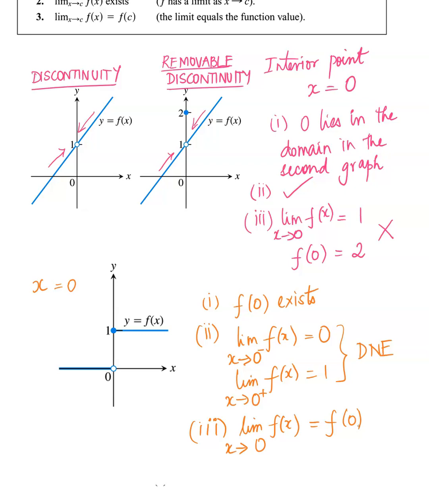Now f of 0 would be the 1 because that is what we have. Only the right side limit has a 1. Together the limit here does not exist, and this one is a 1, so they are not the same. So this one fails because it is a jump discontinuity. That's the name for it. It jumps right at 0, so we call it jump discontinuity.